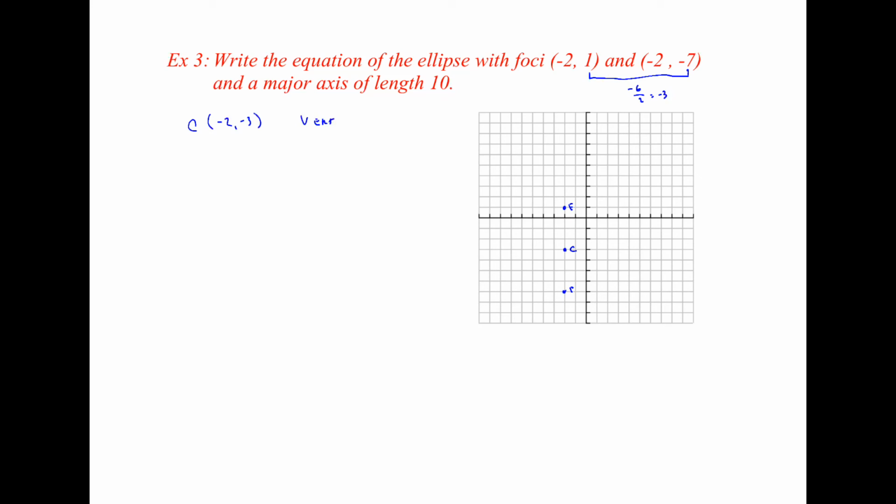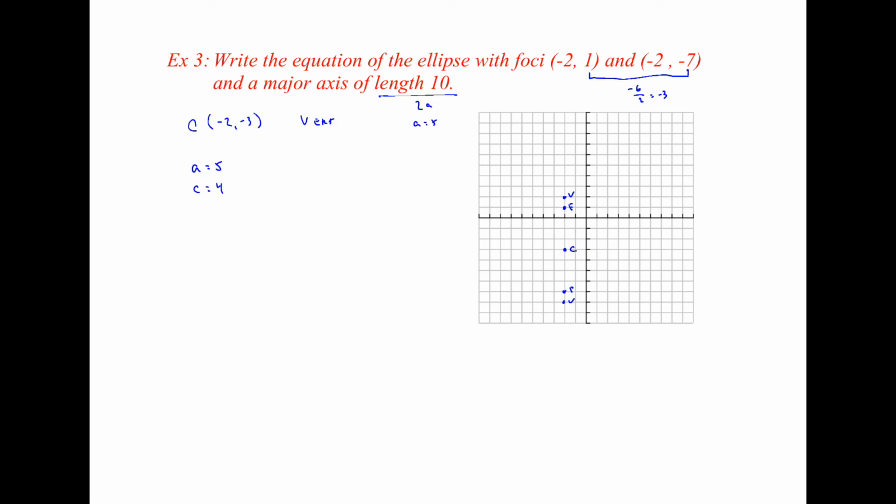We also now know that it is vertical. The major axis has a length of 10, so the length is 10. That's 2a. So we know a is equal to 5. So 1, 2, 3, 4, 5 would give the major vertices. Now, the important thing is that we have a is 5. We also now know, or should have known before, that c is equal to 4.